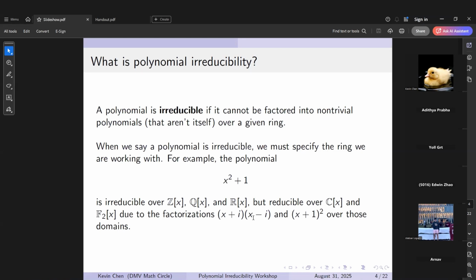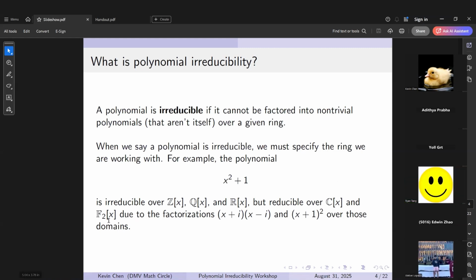Another interesting factorization is over the polynomial ring F2[x], because x plus 1 squared is equal to x squared plus 2x plus 1, and taking that mod 2 gives the original polynomial. So we must specify the ring we're working with.